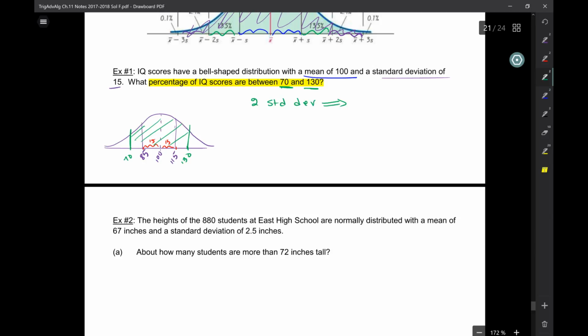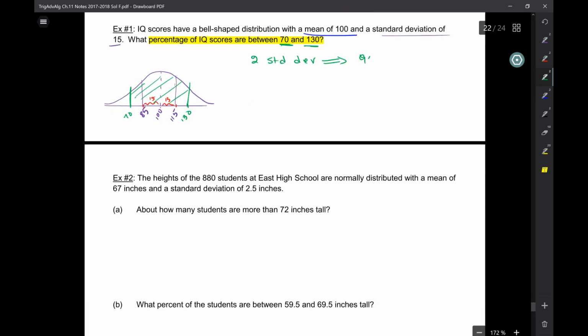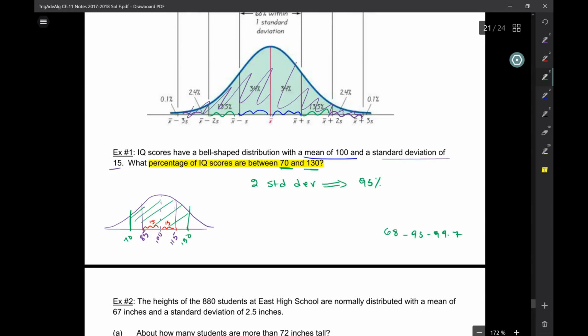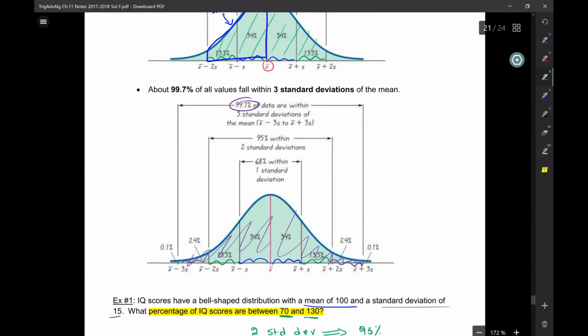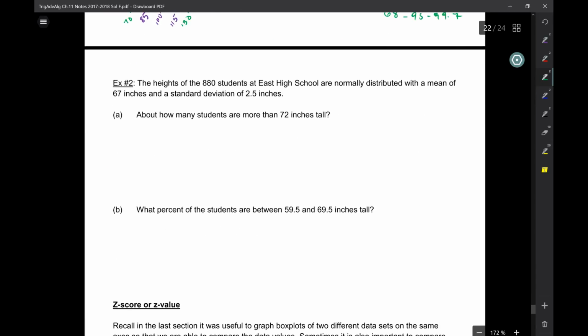It's the empirical rule, right? 95%. So you're always going to go with the 68, 95, 99.7 rule. One of those numbers. But you could be asked for half or whatever.